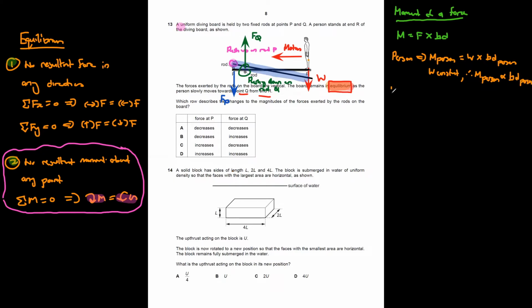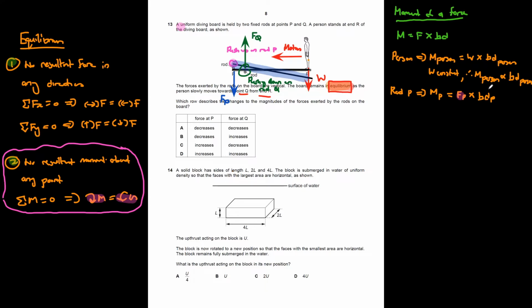Therefore, the moment of the person is proportional to the perpendicular distance of the person. If you're talking about rod P, the moment of rod P is equal to the force of P times the perpendicular distance of P. Now, in my case, when the person is moving towards the left, force FP can change. That's what the question is asking here.